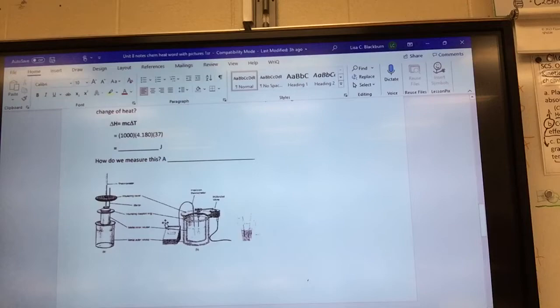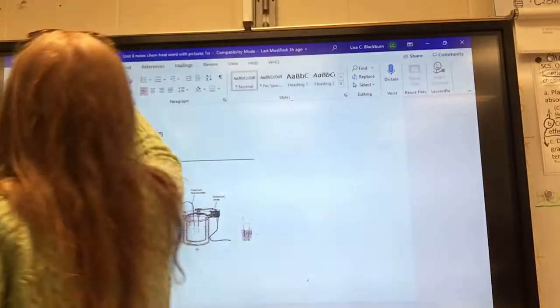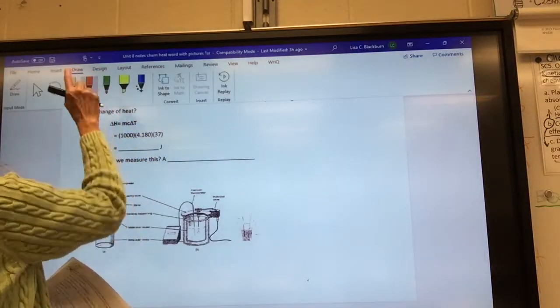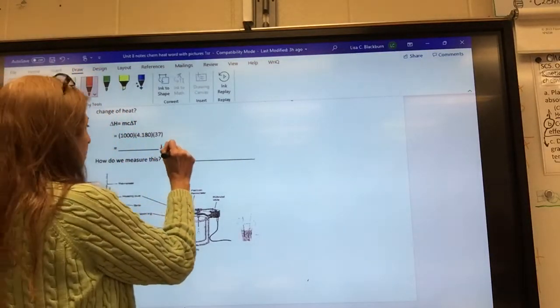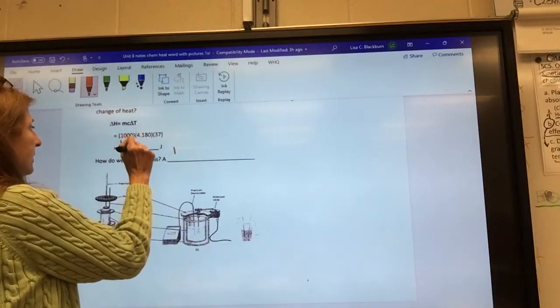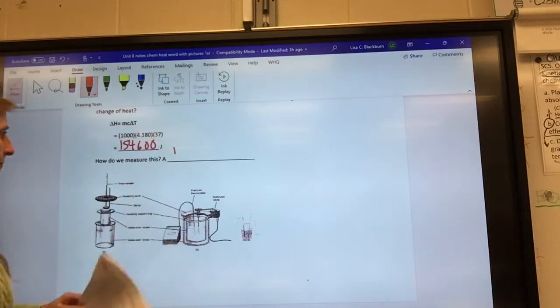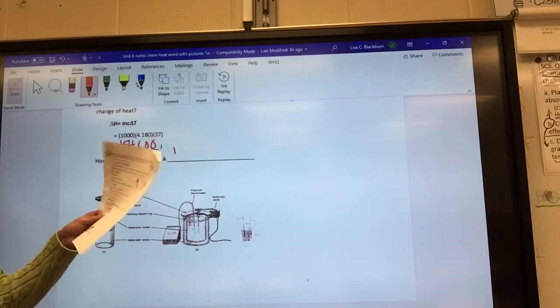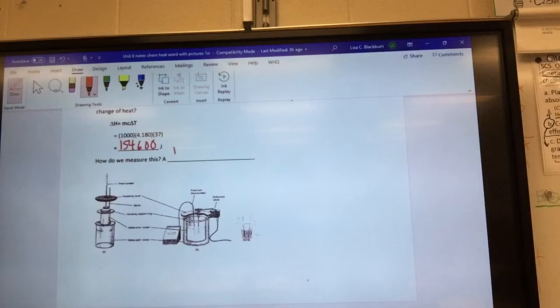All right, so try it on your calculator and see if you get the right answer. It is 154,600. You multiply it, right? We already did our subtracting, 37 minus 0, so where's the absolute value coming in?